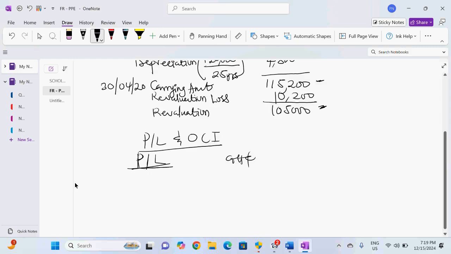Depreciation. Depreciation is an expense, so it will come to profit and loss. What is the amount for the depreciation? 4,800. What else will come to the P&L? The revaluation loss.